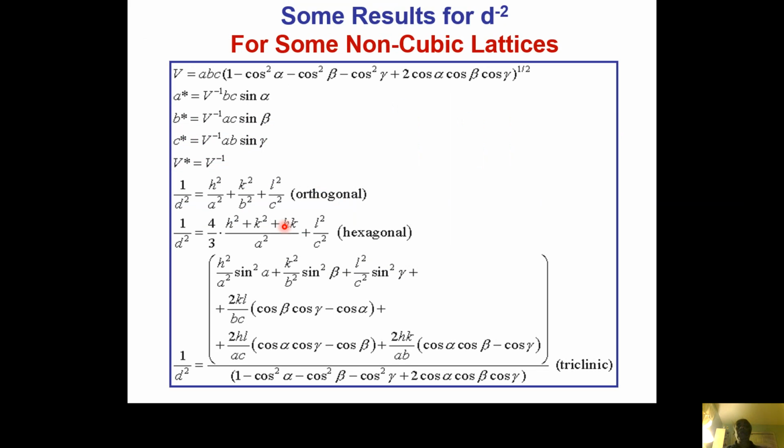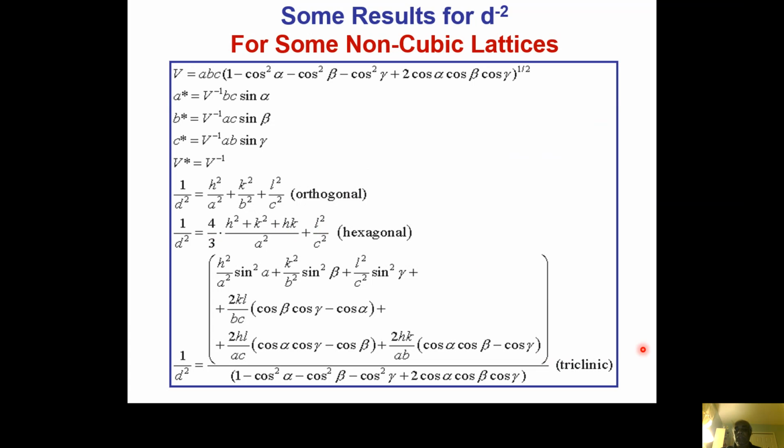But if you go to different lattice structures, that separation is not easy to calculate. So these are the easy things to calculate, right? Orthogonal. If it is simple cubic, these a, b, c are all equal. If you go to hexagonal, that's also not too bad. Remember, you have these unit vectors, so by that you can easily calculate this one.